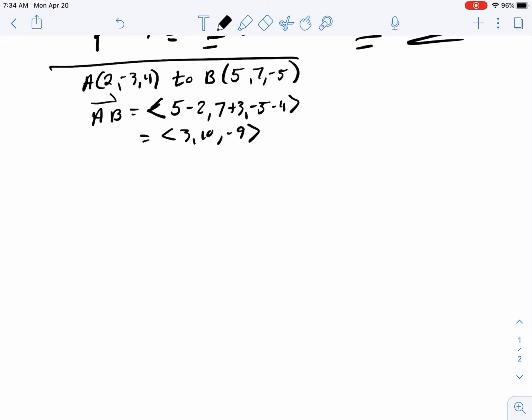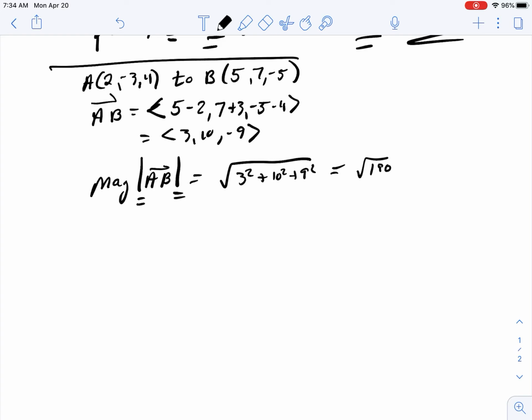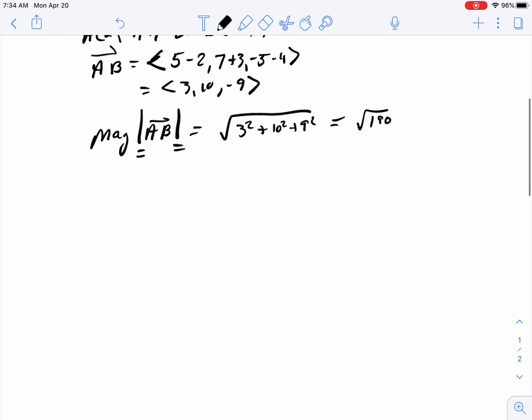Now, if I wanted to find the magnitude of, say, AB. Again, notice the notation there, that's the Pythagorean theorem. So you have 3 squared plus 10 squared plus 9 squared. Okay. And that would be root 190. Now this last thing was a unit vector.